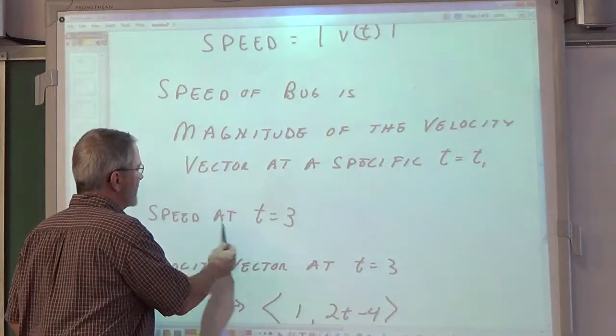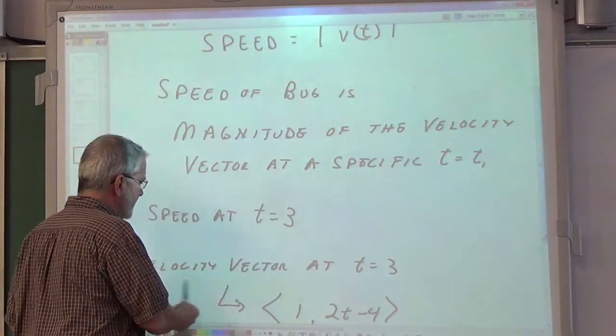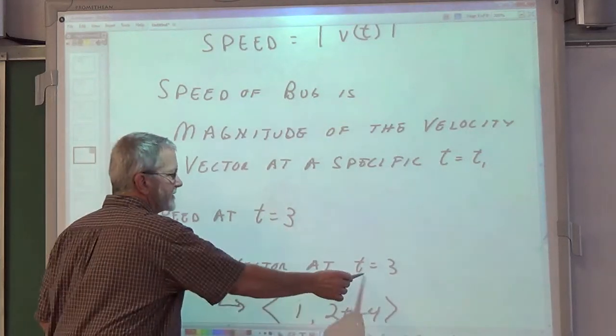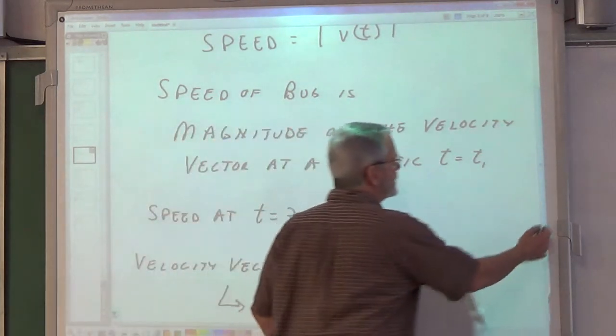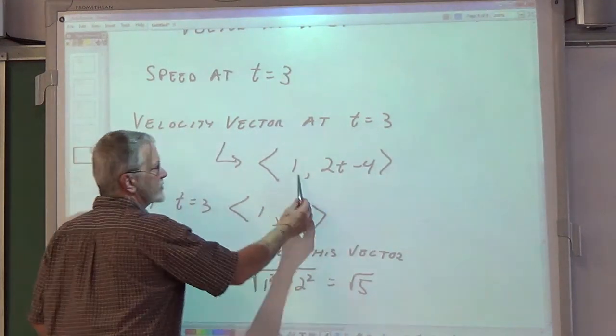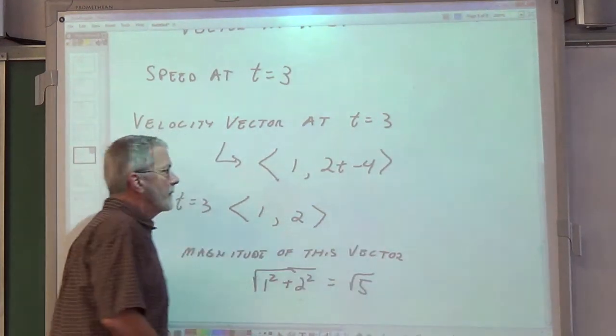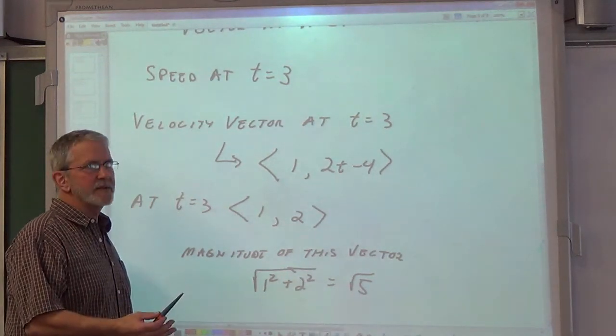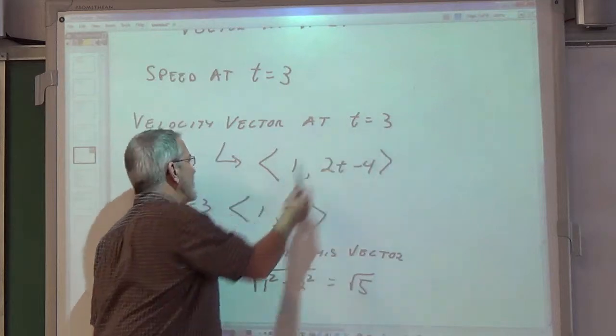If I want to find the speed at time t equals 3, the first thing I have to do is find that specific velocity vector at time t equals 3. If I recall, the velocity vector is (1, 2t minus 4). To find that specific velocity vector at t equals 3, I simply put 3 into t.